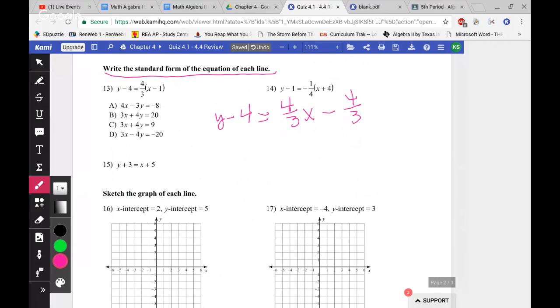Okay, so now you can do a number of things here, but what I would do is actually add 4 to both sides first. And in order to do that, you have to change this 4 into something that has a common denominator with the 4/3. So what I usually do is just write my 4 like that.